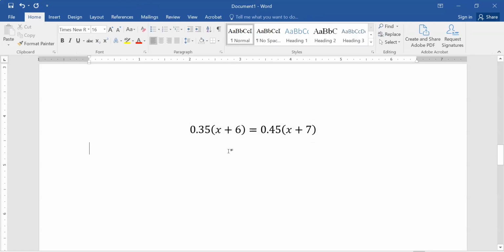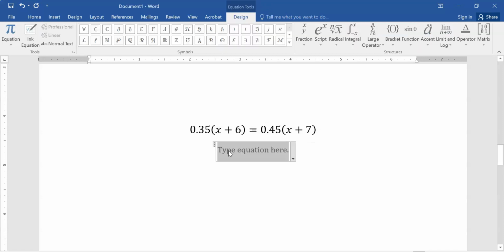So if we need to utilize distributive properties, we're just going to do those with decimals. 0.35 times in parentheses x plus 6 is equal to 0.45 times in parentheses x plus 7.